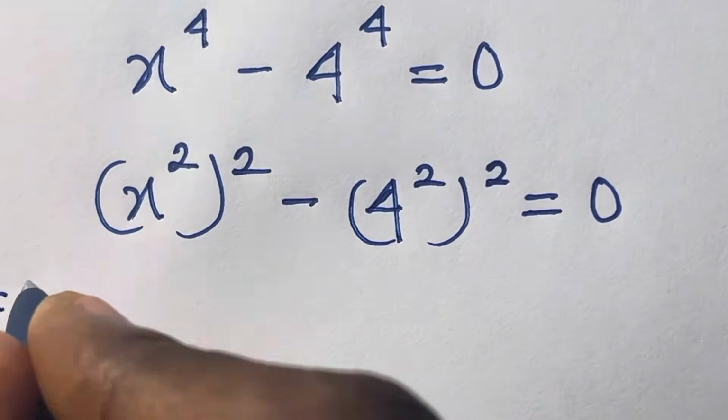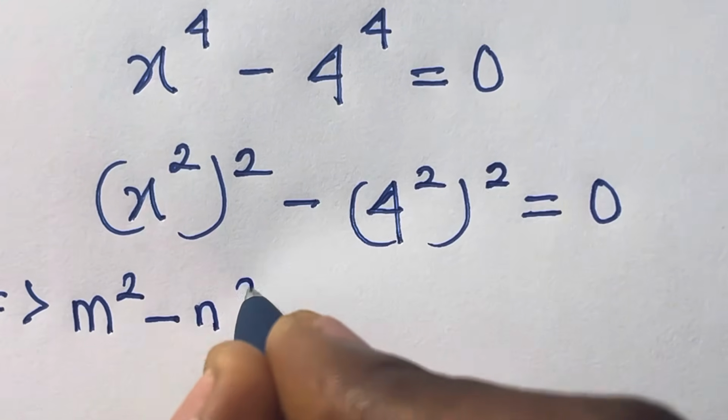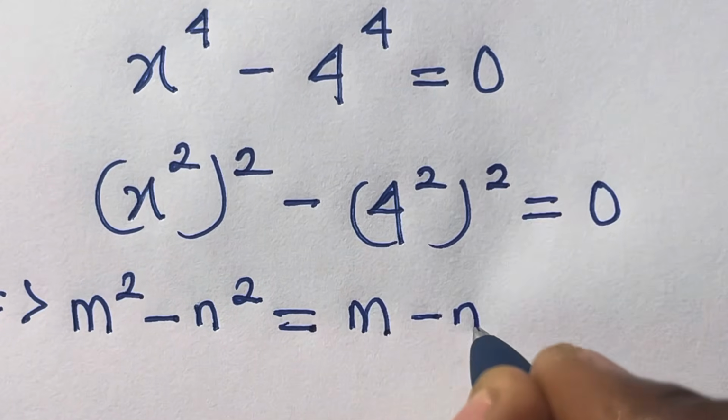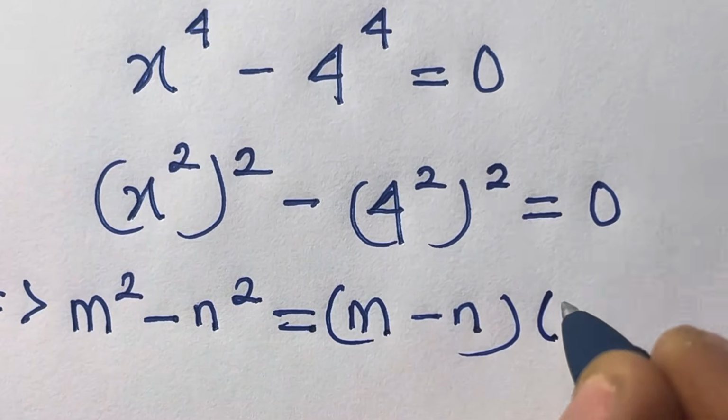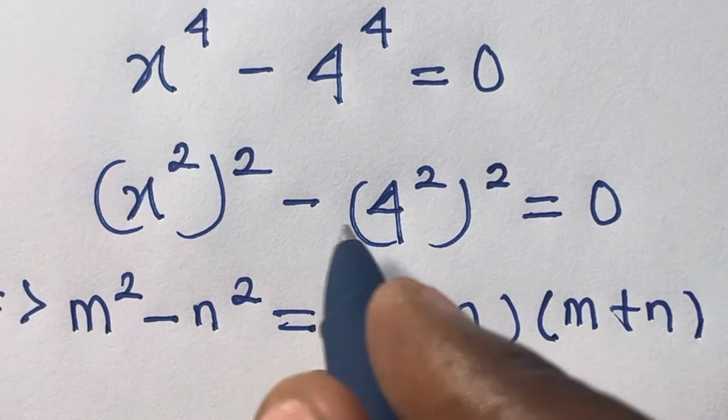If you recall, m squared minus n squared equals m minus n multiplied by m plus n. So we observe that this has become a difference of 2 squares.